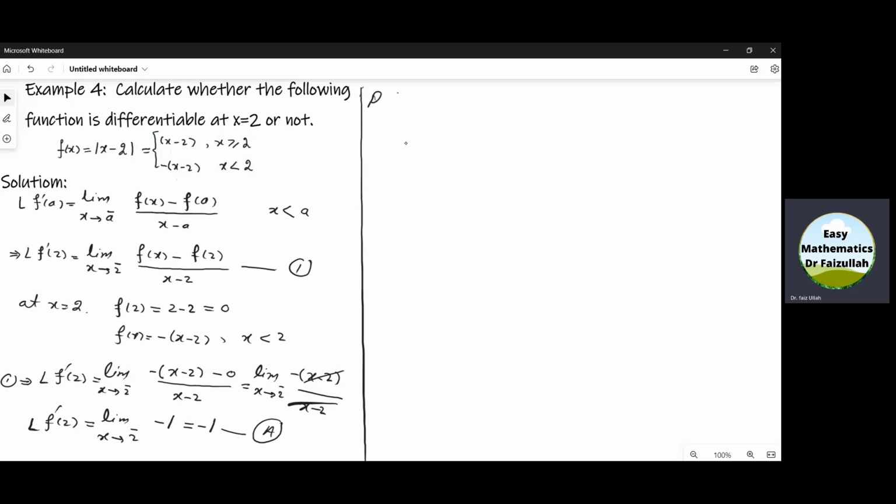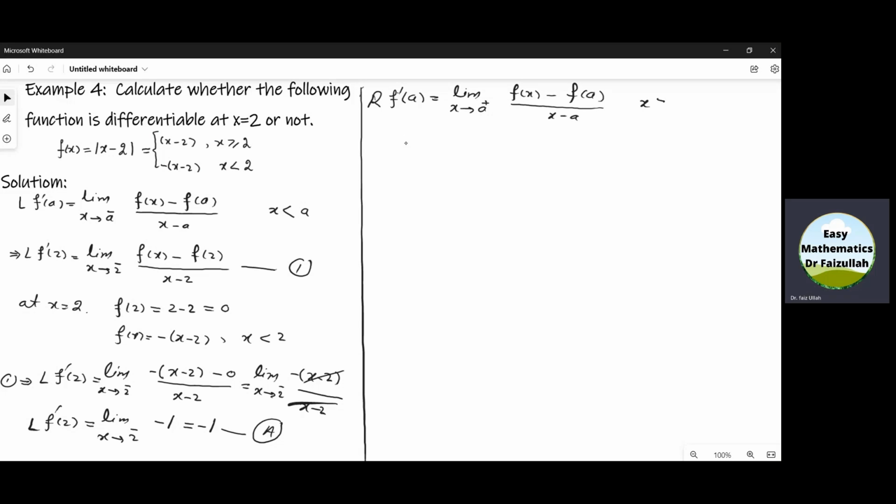And now let us write the definition of the right hand derivative. So we write R f dash of a is equal to the limit as x approaches a plus of f of x minus f of a divided by x minus a.